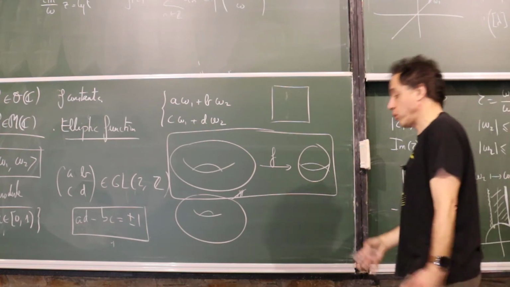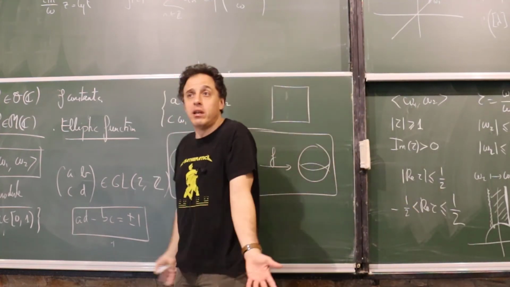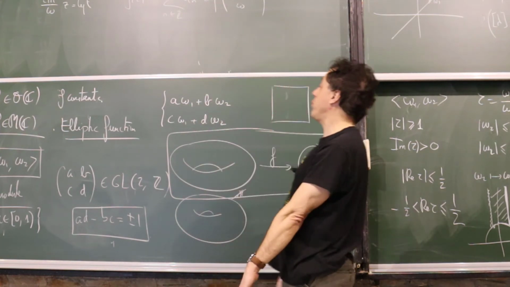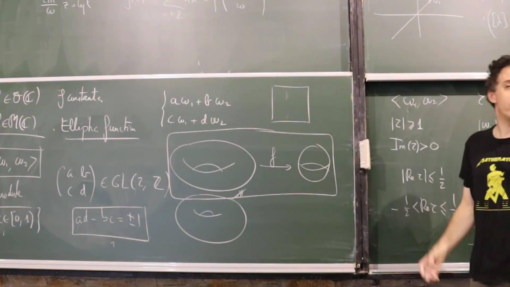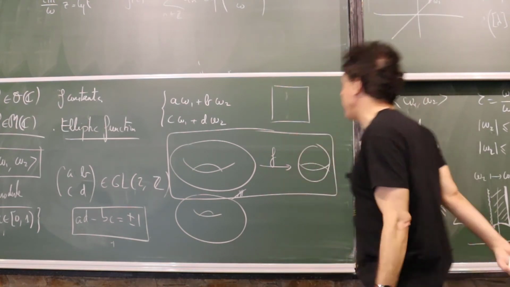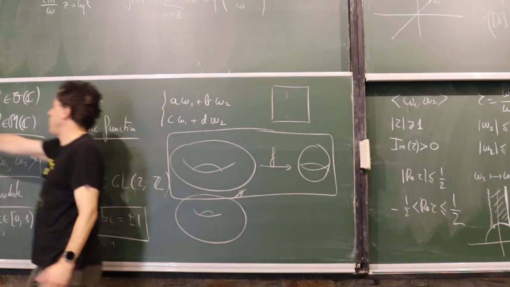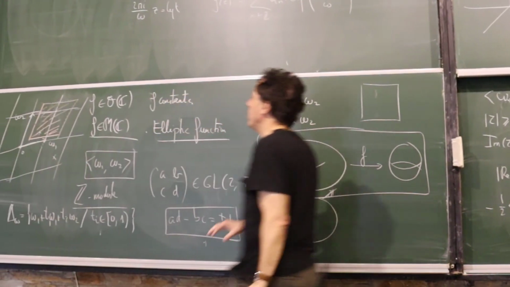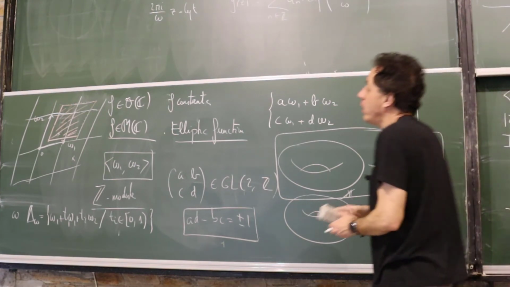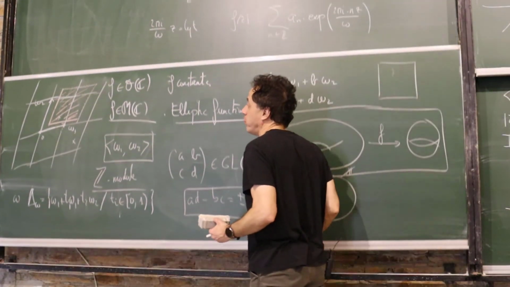The universal covering of a torus is, of course, C, and the covering map from this universal covering over the torus is holomorphic. So it's the same to study these objects and to study this kind of function defined here. This is a more geometrical point of view, and we will now adopt a slightly more analytic point of view.